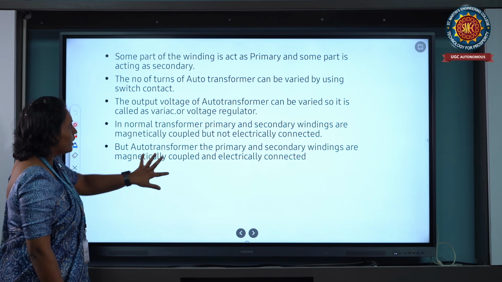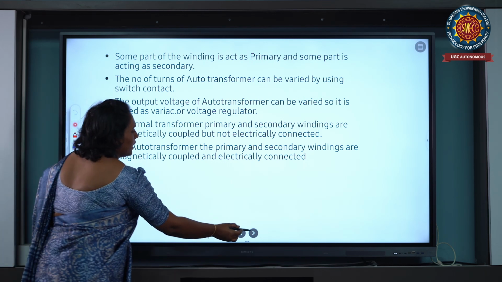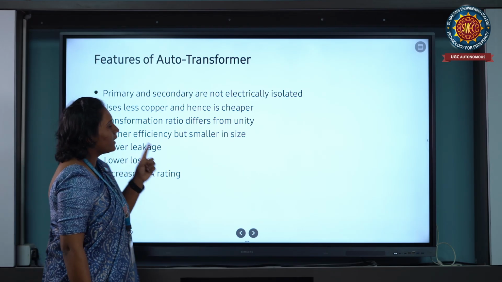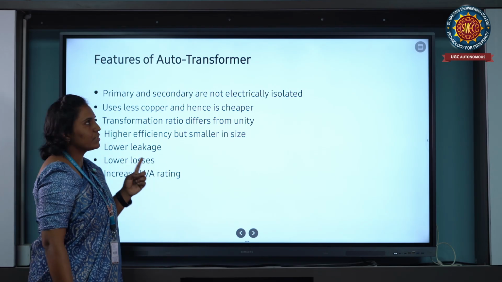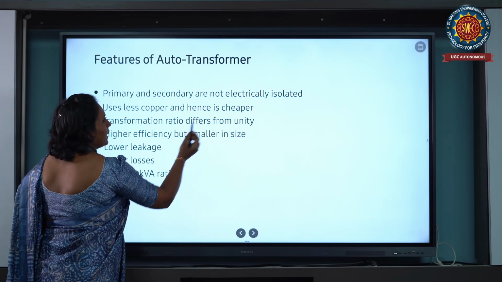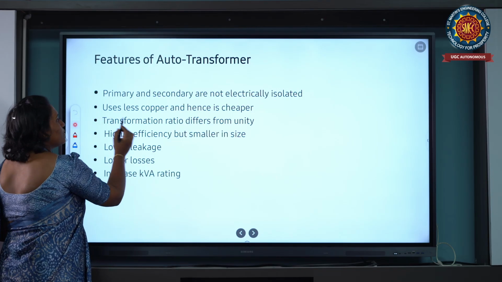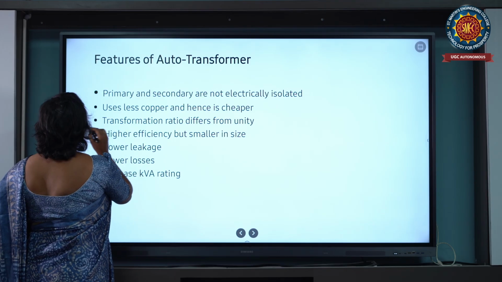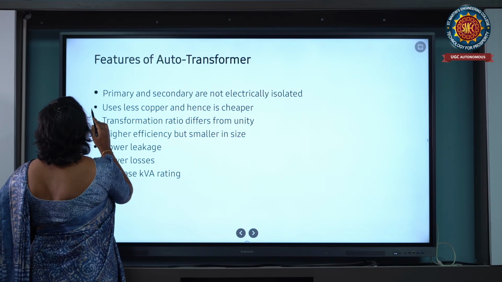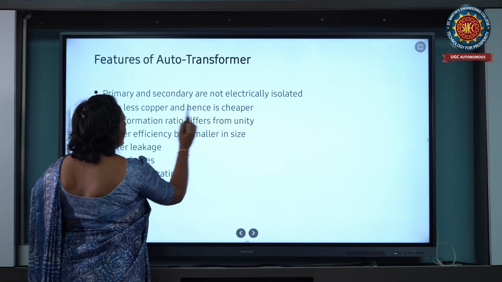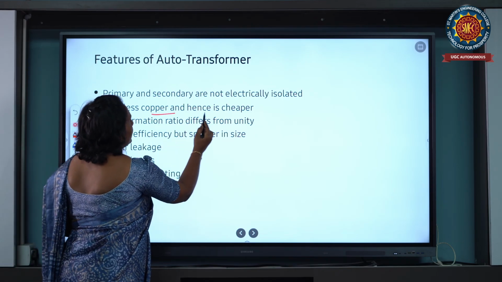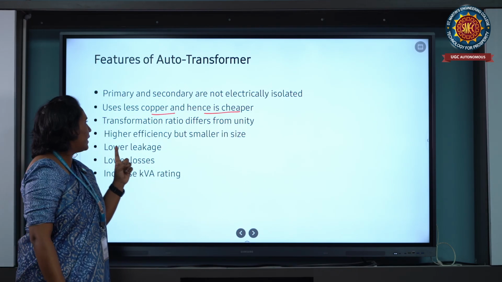Coming to the features of the auto transformer: it uses less copper, and hence it is cheaper.